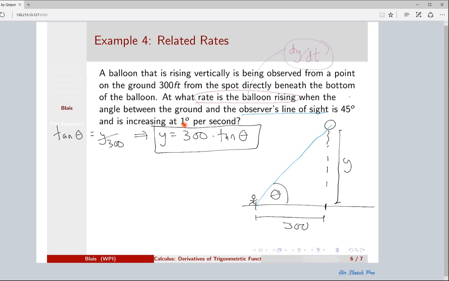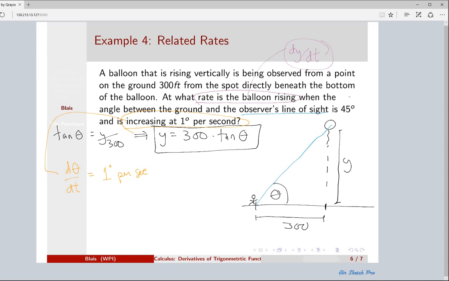If the angle, theta, is changing in time, that gives us a derivative of theta with respect to time. And we're told our instant, well, yeah, we have 1 degree per second.